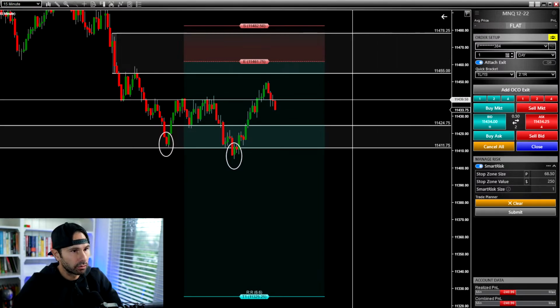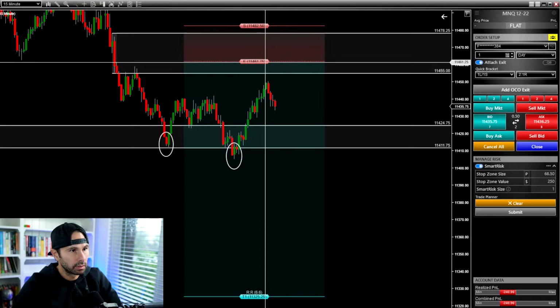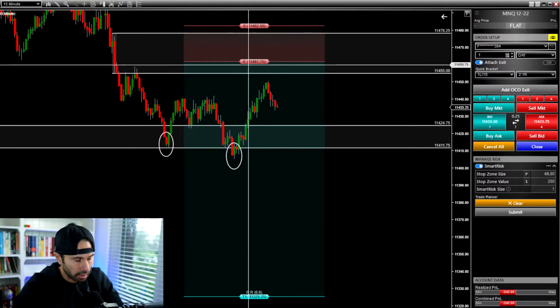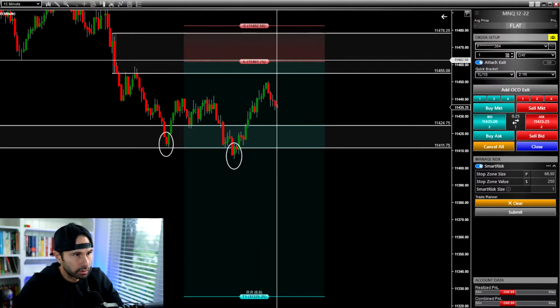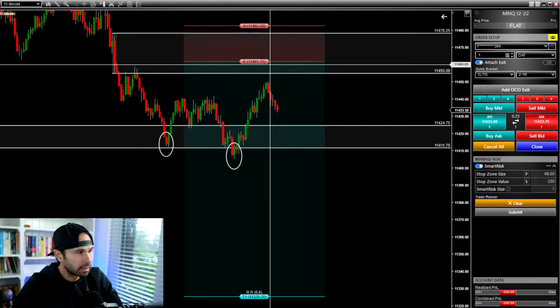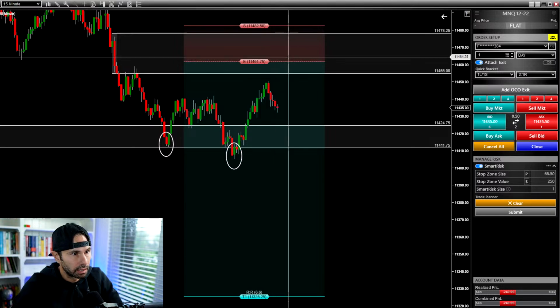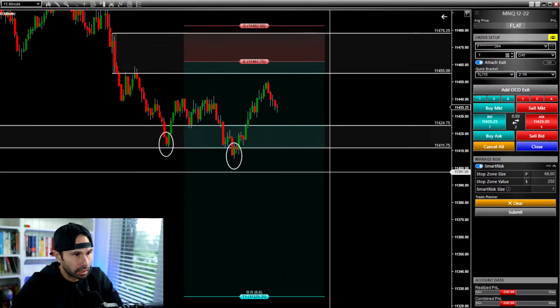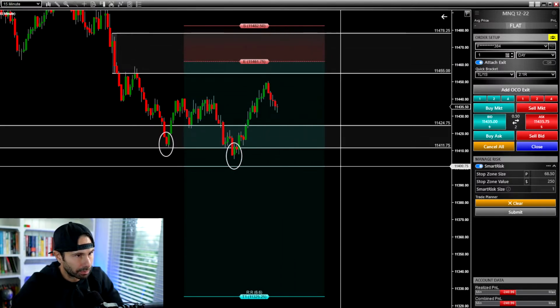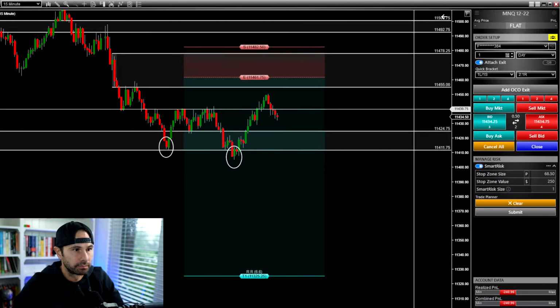So what I need to see, if I want to short here, I need to have an exhaustion candle on the tick chart, meaning creating a high around 700, 800 on the tick, right? And then when it comes back down, the tick chart needs to break to the downside.